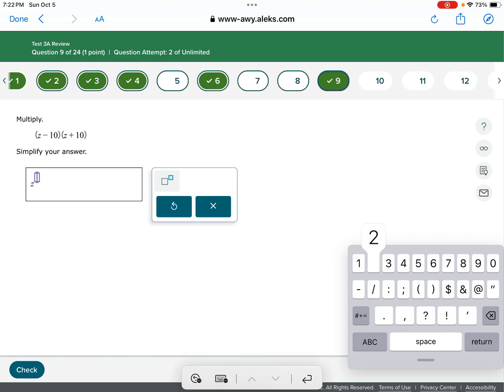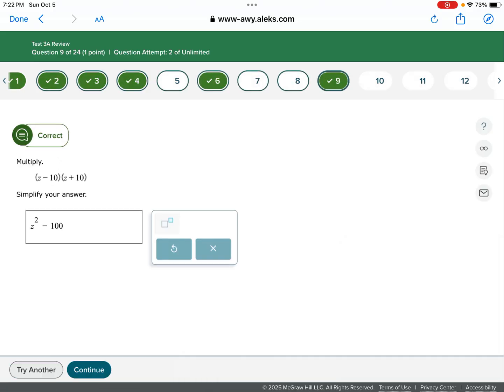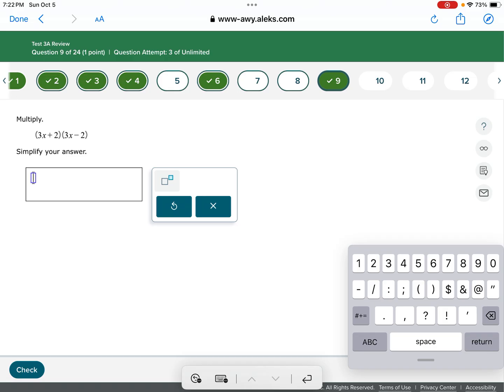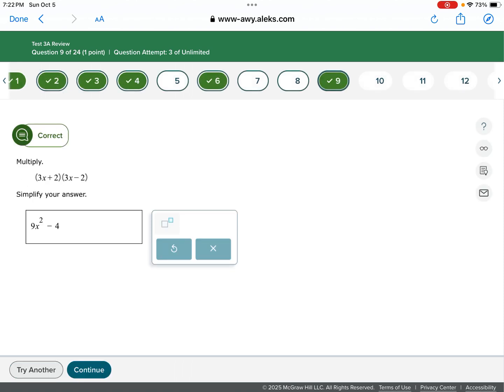And then it's going to be minus, it's always minus in between them, minus 100 because 10 squared is 100. So you can keep trying that pattern over and over. So this one, 3x squared, is going to be 9x squared. And then we're going to do minus whatever 2 squared is, which is going to be 4. You can check it. Keep checking, just keep trying those until you get the pattern.